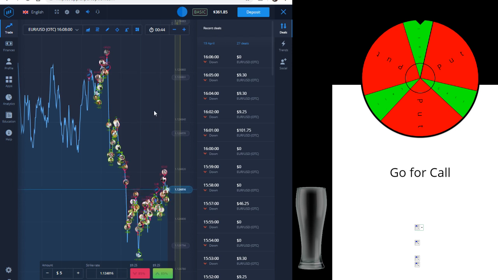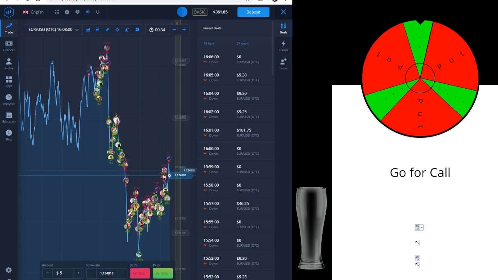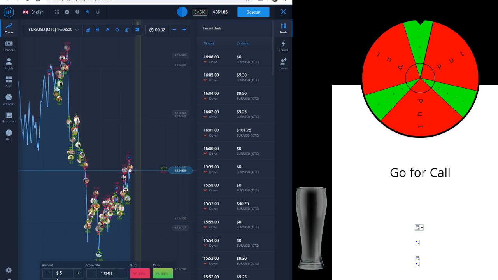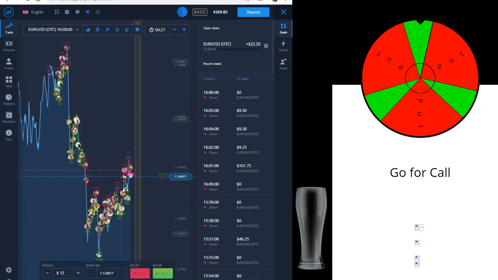Have to double up on the amount. Make that 12 downwards.